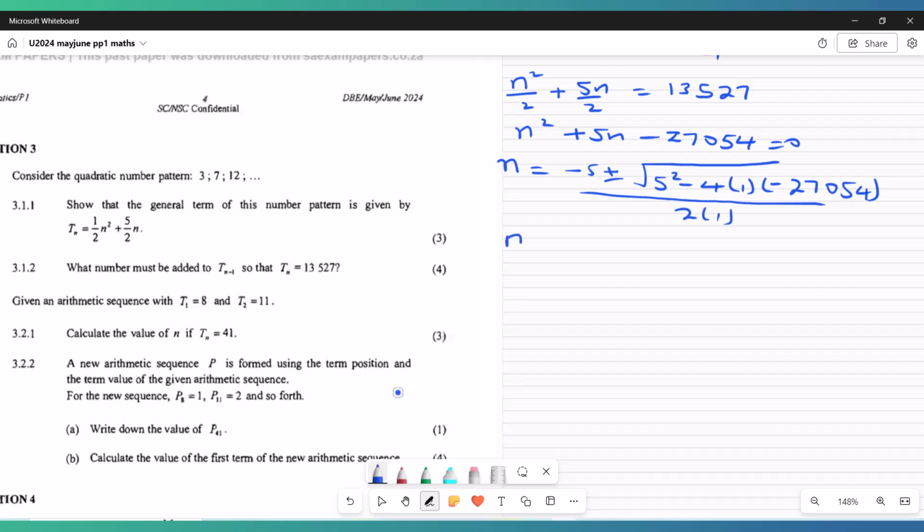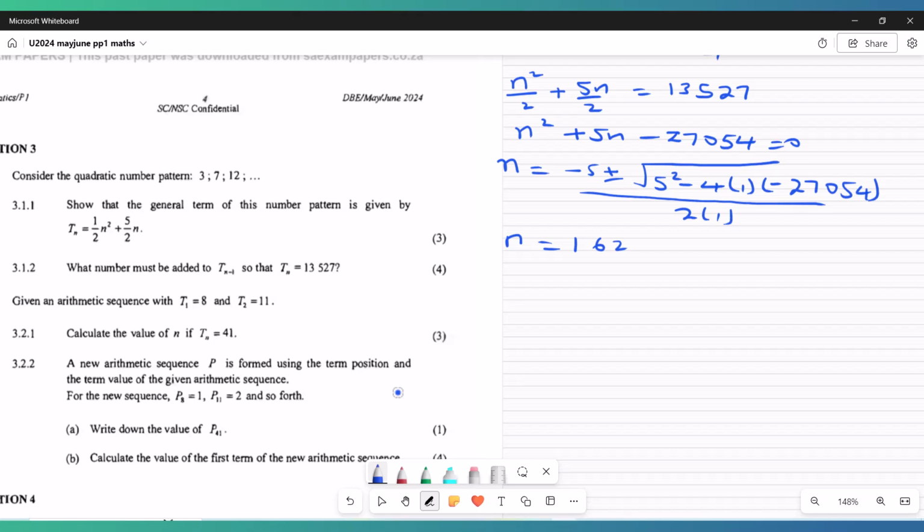So now calculators, what do you get here? I get minus 5 plus square root 5 squared minus 4AC. My A is 1, my C is negative 27054, close bracket, divided by 2. It gives me here 162. So my n is 162.